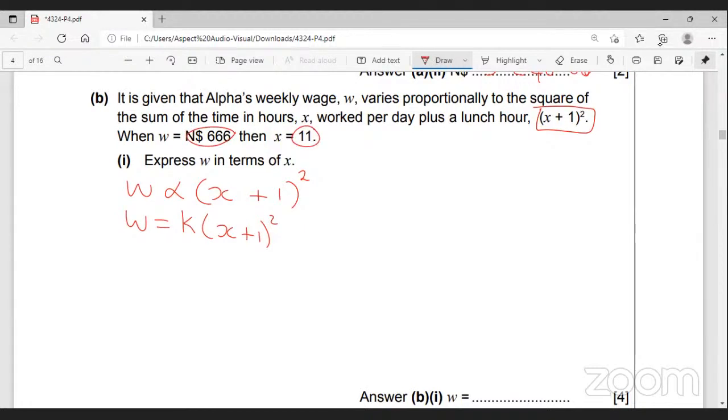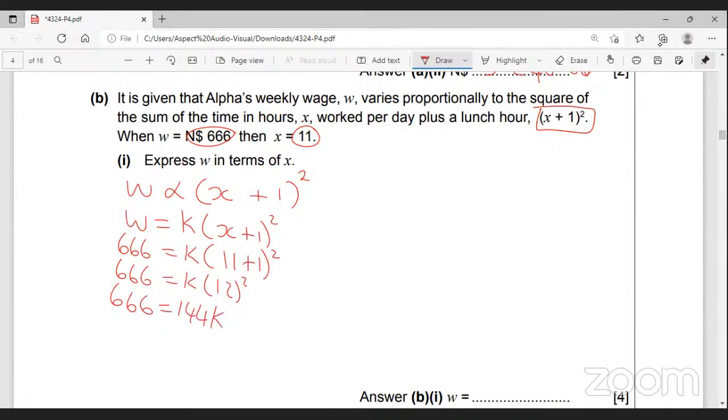Okay, so this is basically 666 equals what? K, and your X is actually what? Your X is basically 11, right? Plus 1 squared. Okay, so this is actually 666 equals k times 12 squared, that is 144.